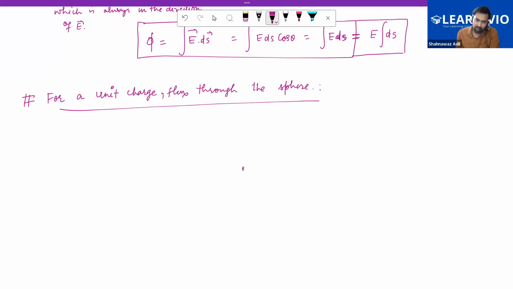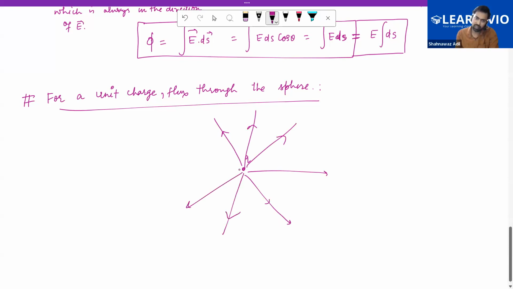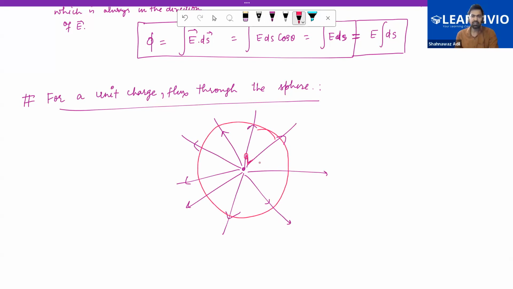So we have a small charge q, and you will see that for the charge q, the electric field lines pass like this, right? So they go outwards in this direction, in every direction, they go like this, right? Yes, sir. So what we will do is take a spherical surface, a sphere, and let's see through this sphere what the flux is.